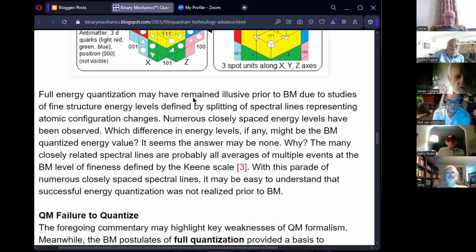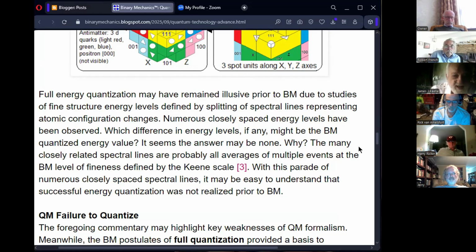Full energy quantization may have remained elusive prior to binary mechanics. Why? Due to studies of fine structure energy levels defined by splitting of spectral lines representing atomic configuration changes. Numerous closely spaced energy levels have been observed. Which difference in energy level, if any, might be the BM quantized energy value? It seems the answer may be none.